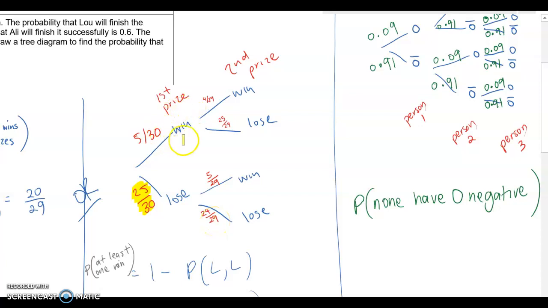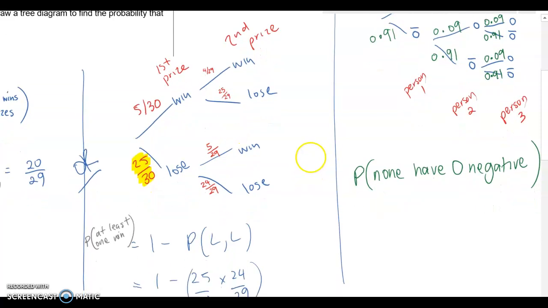So if John wins the first prize, he had 5, he would only have 4 left to win a second prize. And there'd still be 25 out of 29 ways that he could lose. Now, if John lost the first time, he would still have 5 tickets left, and there'd only be 24 other tickets that weren't his left in there, and they're both out of 29.